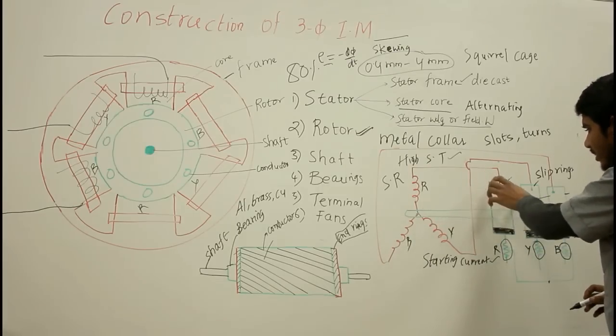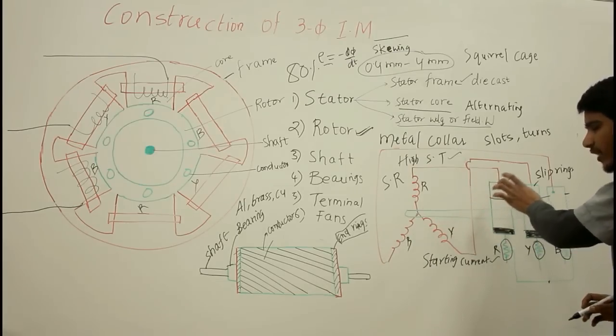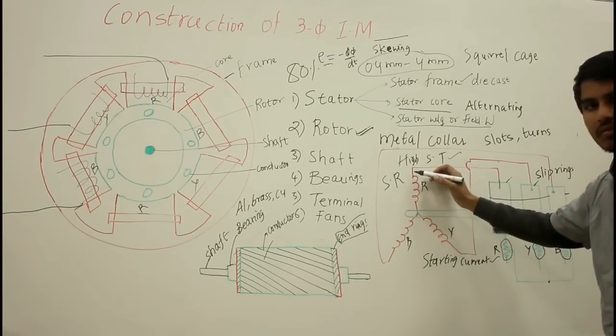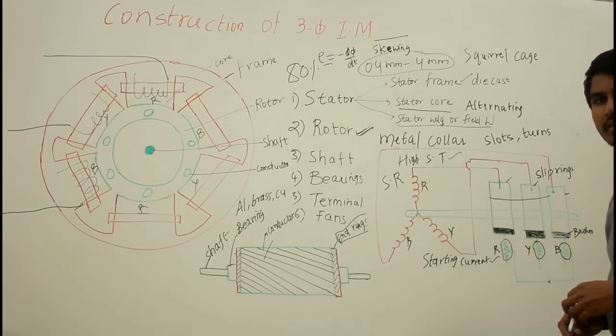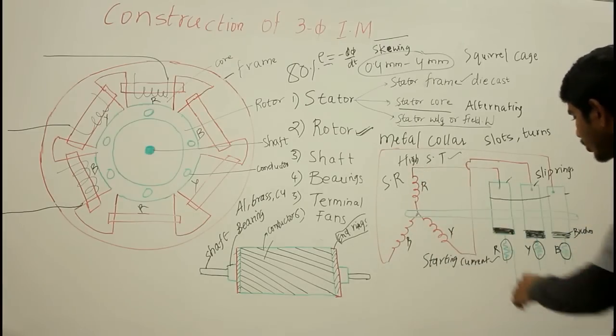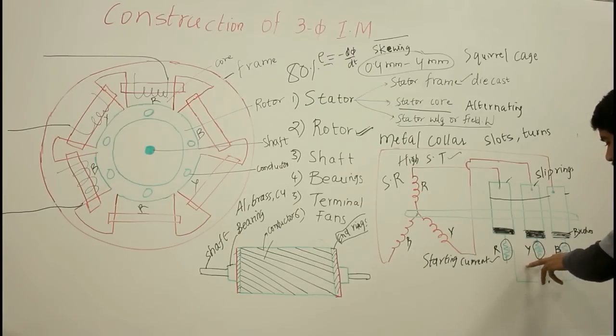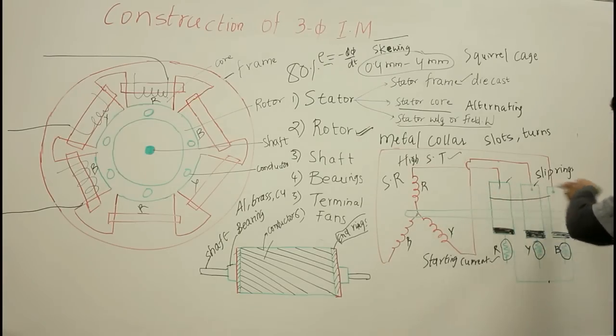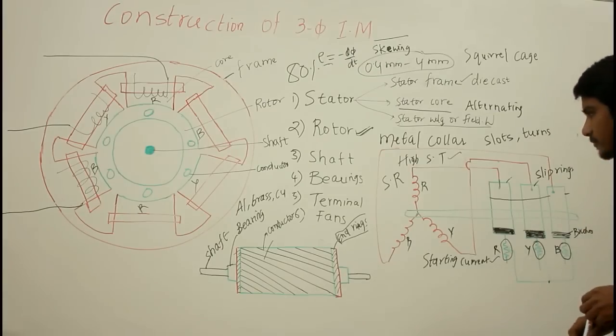The slip rings are normally used in an electromechanical device which continues its rotation while transferring electrical and power signals. So the rotation is to be maintained in the rotor, but you have to connect these external resistances to the rotor windings only with the help of slip rings and the brushes.